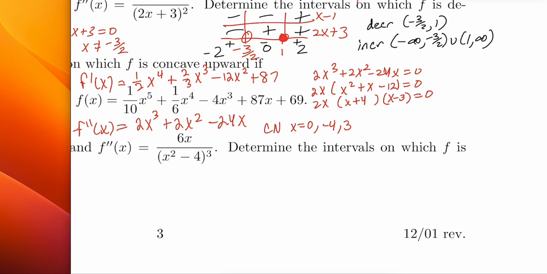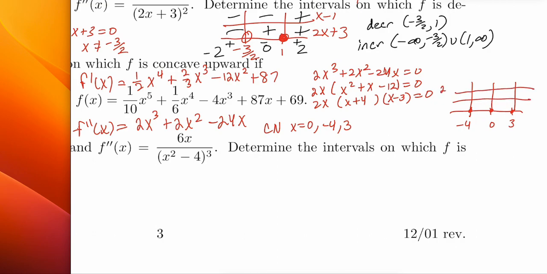Now, I'm going to put that on to a plus and minus chart in least to greatest number line order. All of those are critical numbers that exist, so I'm going to put dots there. If they didn't exist in the original function, I would put an open circle. And I have to list all my factors to the left or right, it doesn't matter.